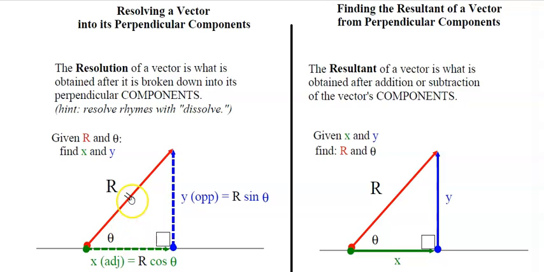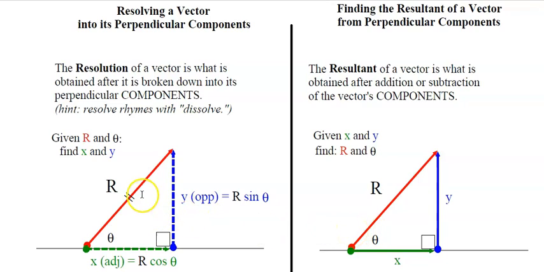You can see that the red vector will disappear, and in its place we will be looking at the green vector, which is called the x component, because it's on the x-axis, and the blue vector, which is the y component, because it is on the y-axis. Both of these pictures look identical, the one on the left to the one on the right. So what's the difference?